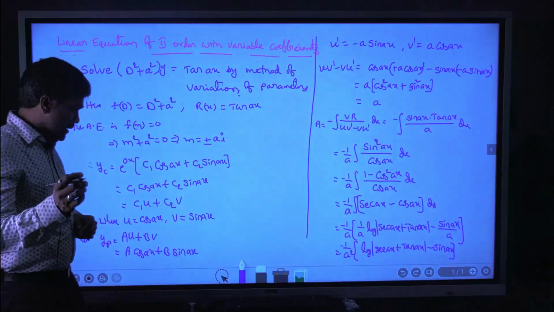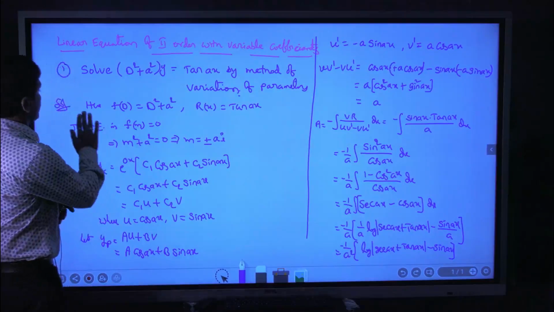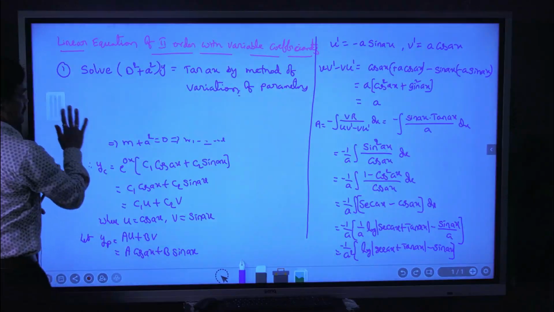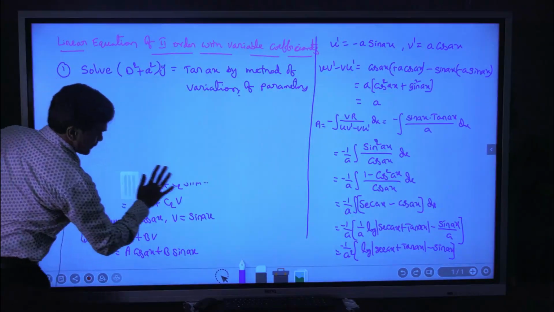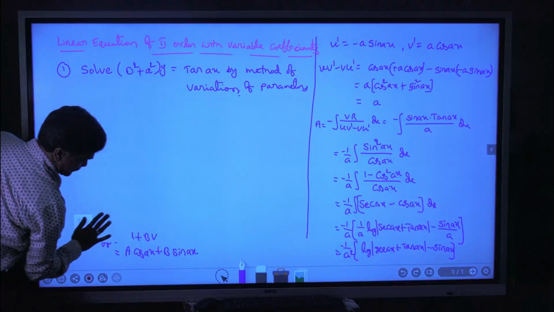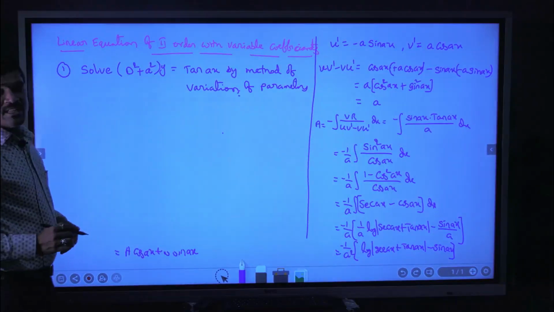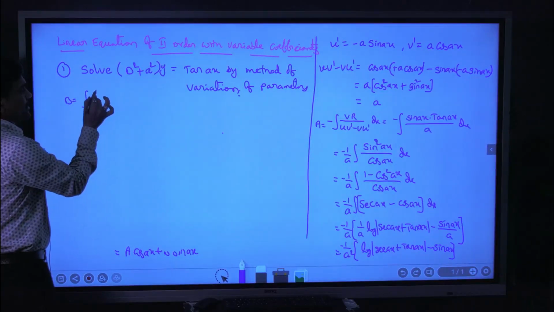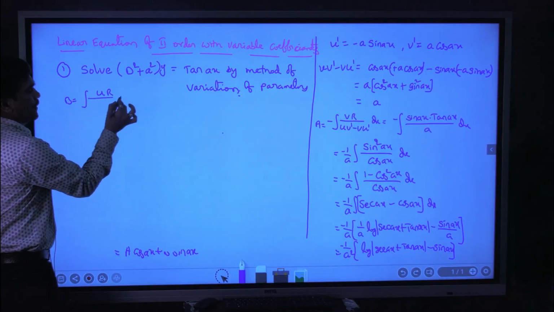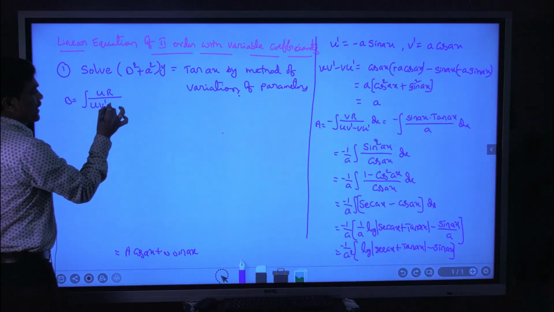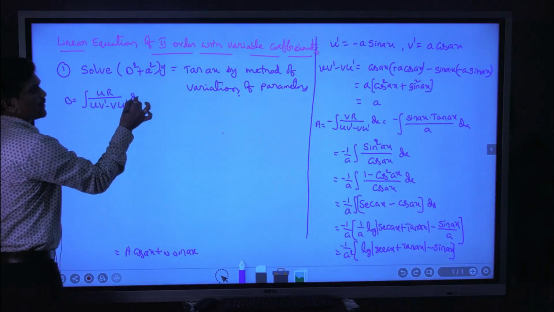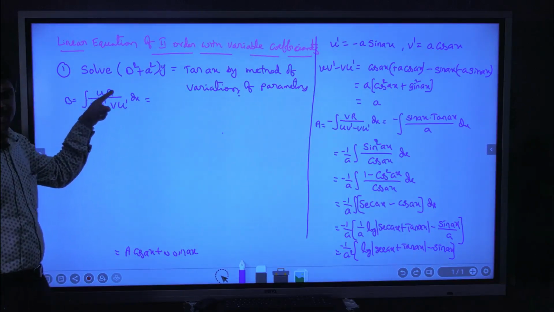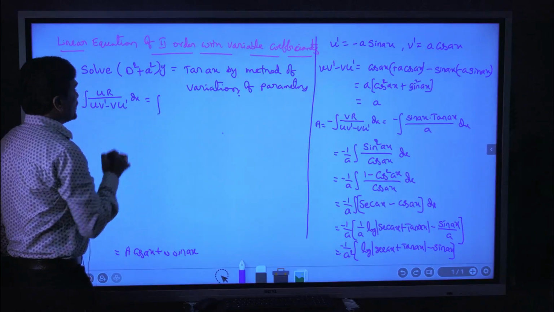What is B here? To write B, B can be written as B is equal to integral u r by uv dash minus vu dash into dx. Now substitute uv dash minus vu dash and u and r. So here, what is u?